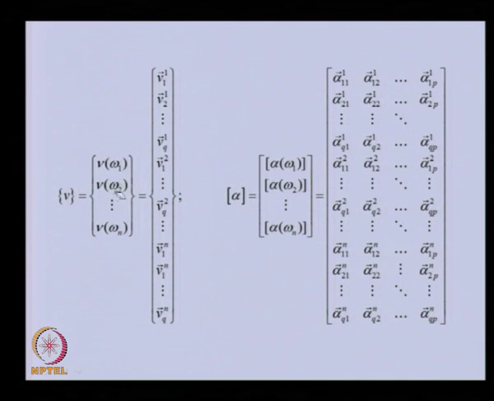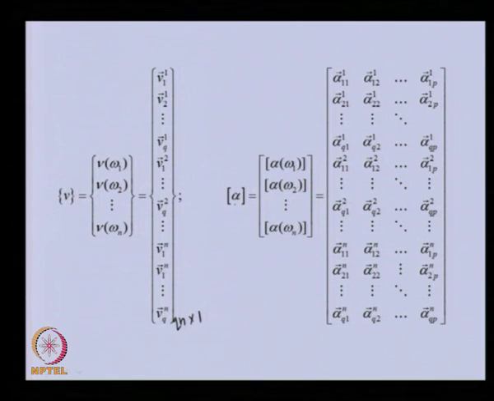This is for speed 2, speed n. So that means the first Q responses are corresponding to speed 1, the next is corresponding to speed 2, and the last is corresponding to speed omega n. So the size of this is now Q, which is one set of measurement for one particular speed, into n cross 1. So this is the total size of the V matrix.